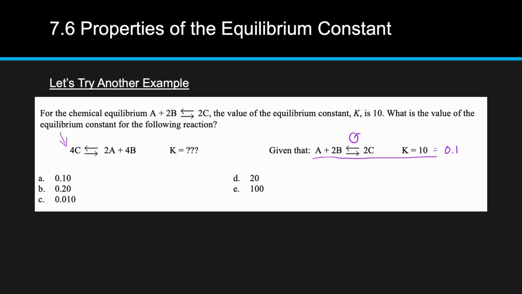And then finally, I have to multiply this entire thing by 2 because I have 4 C's, 2 A's, and 4 B's as my final equation. So now we're going to take 0.1 and raise it to the second power. And that is going to give us 0.01 for our new K value.